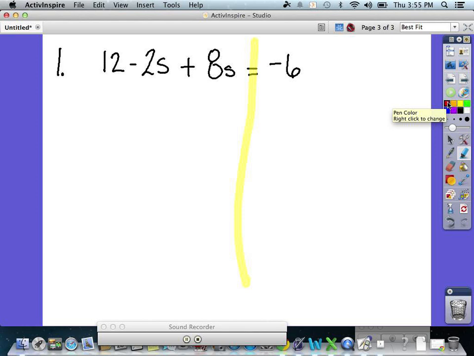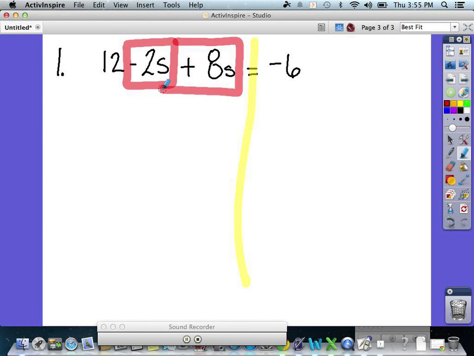Now I'm going to group my like terms that are on the same side of the equal sign. So I have negative 2s and I also have 8s. Negative 2s plus 8s will give me positive 6s. I'm going to bring everything else down.